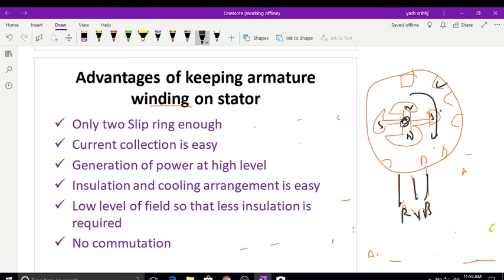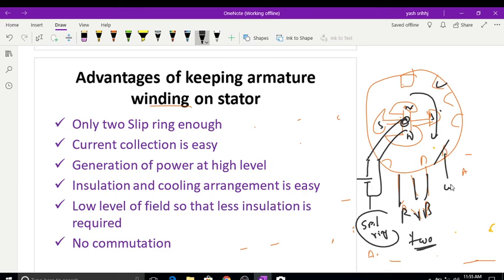To give supply to the rotor, we give DC supply through split rings. So only two split rings are used if you place the armature winding on the stator.